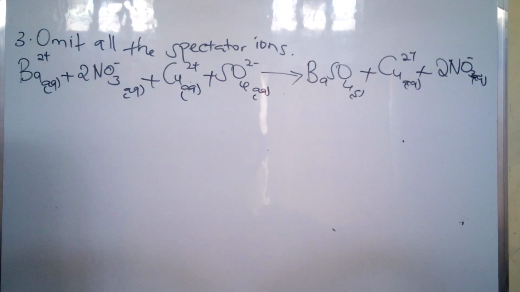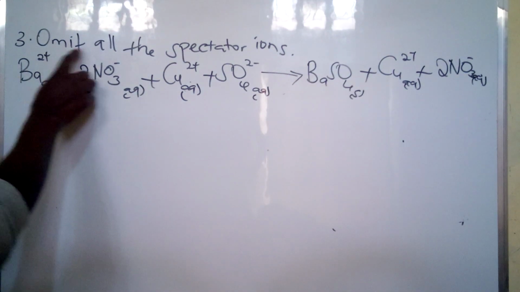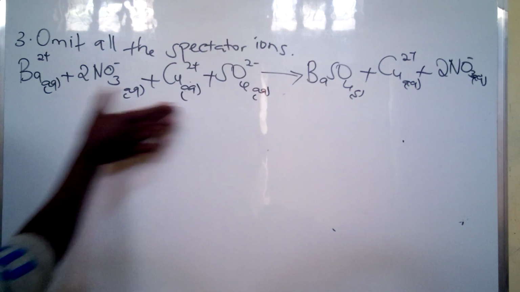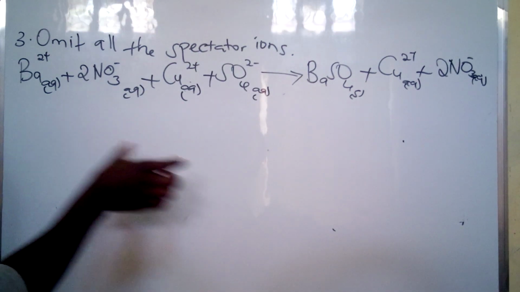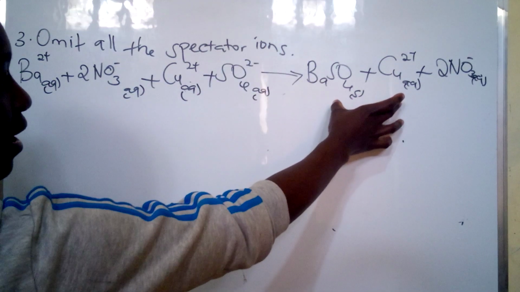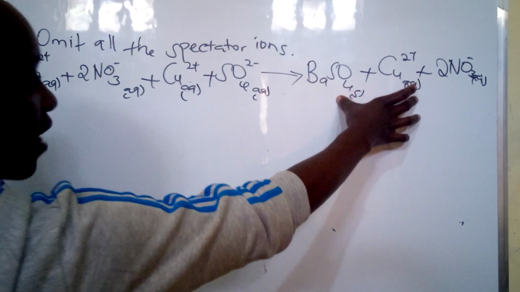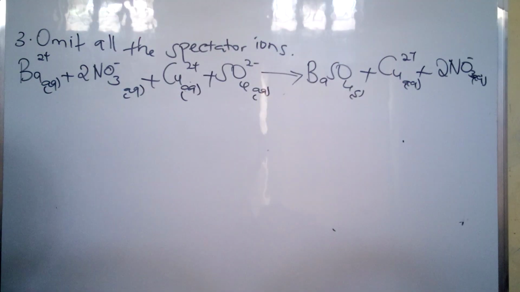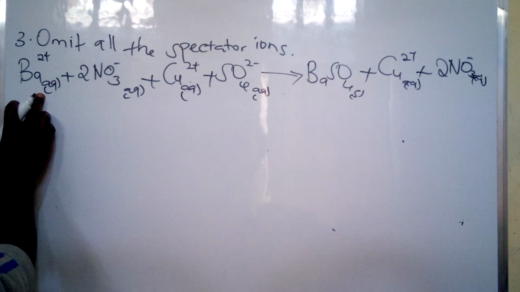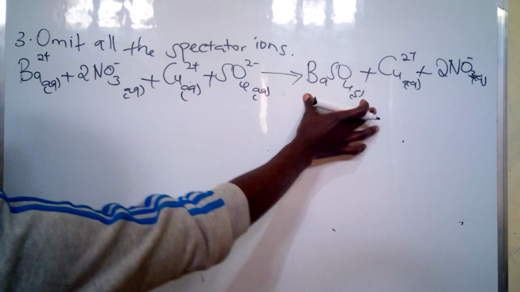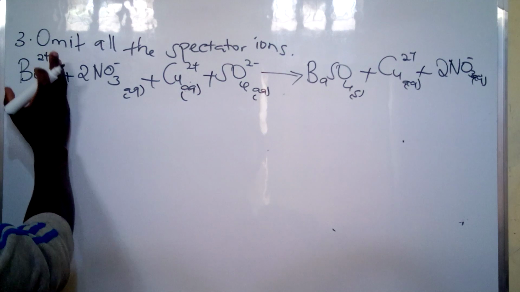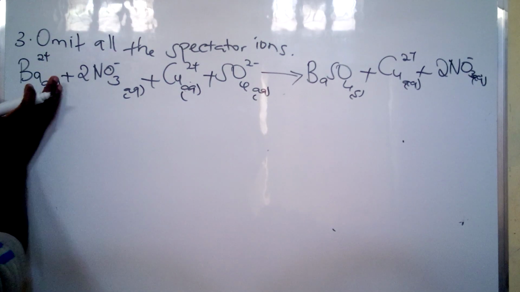So this is what we are talking about. When we are talking about omitting all the spectator ions, it means if we have ions that are present in the reactant side and are the same as the ions in the product side, we omit them or we cancel them. For example, in this case we have barium ions. In the product side, we don't have barium, so we don't cancel the barium.